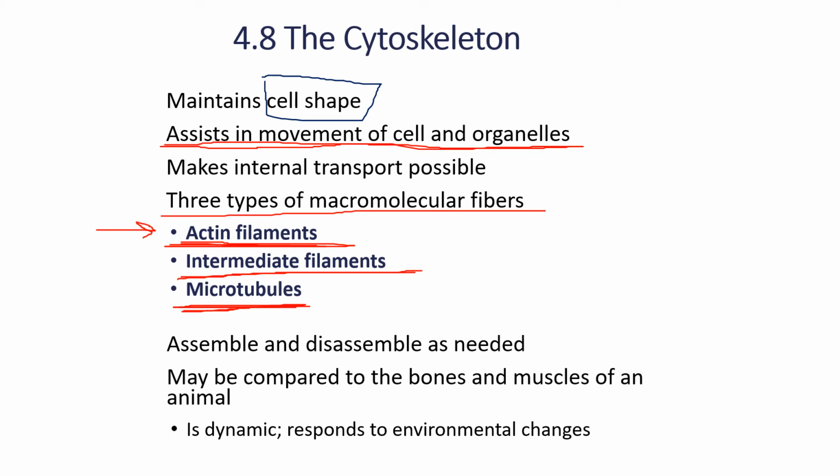The microtubules are the largest in diameter, but they're hollow, and they can also be assembled and disassembled easily. And they will guide the separation of your chromosomes during cell division. Your intermediate filaments do not assemble and disassemble easily. They are more structural for protection.